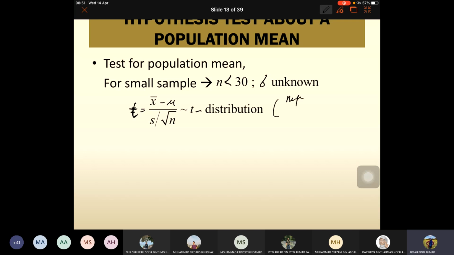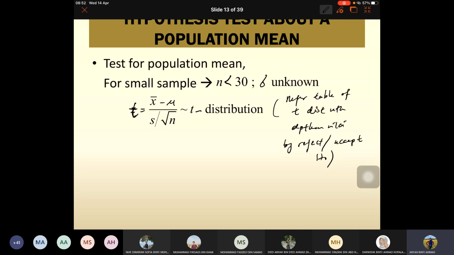Meaning that kita akan refer table of T distribution untuk dapatkan nilai bagi reject atau accept H null. Okay.